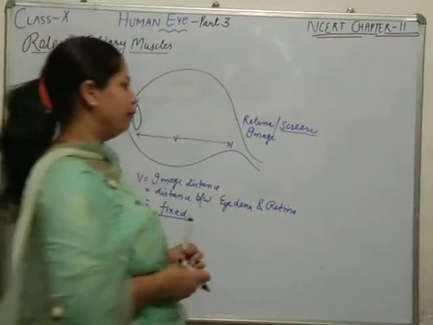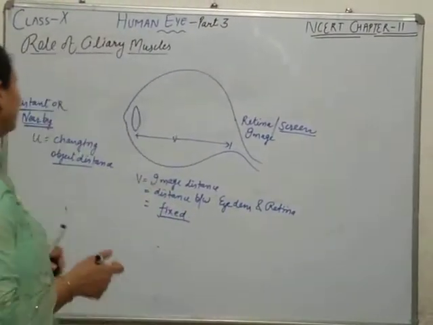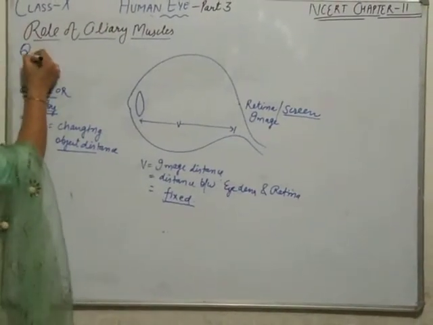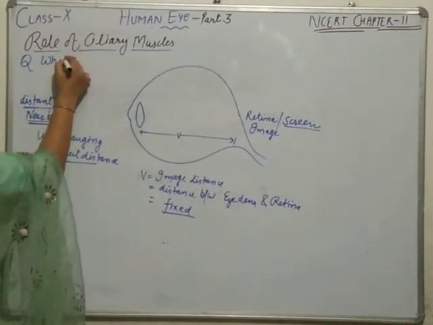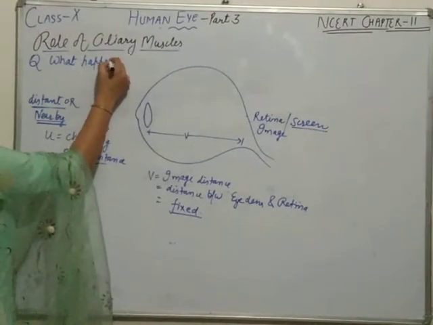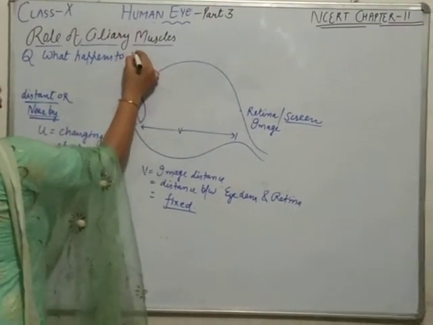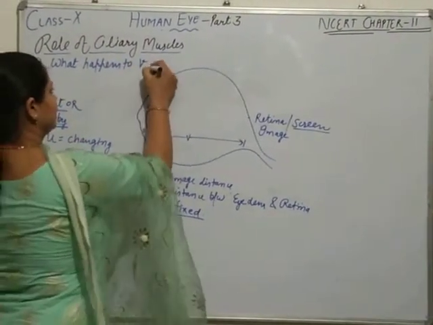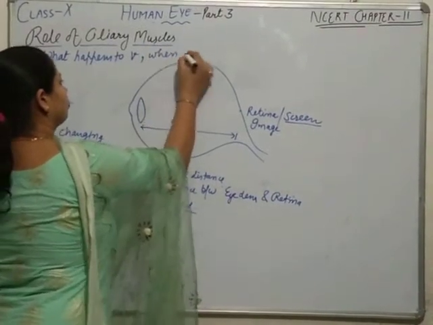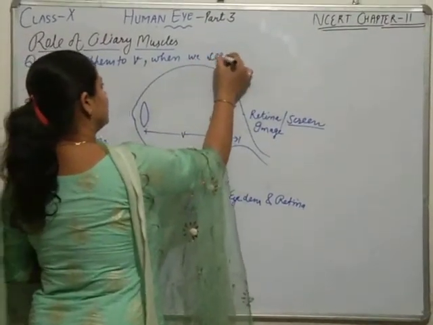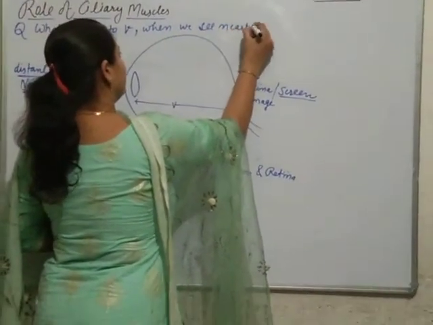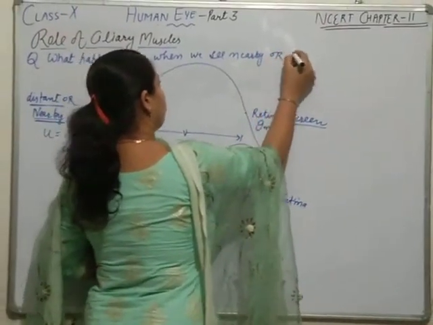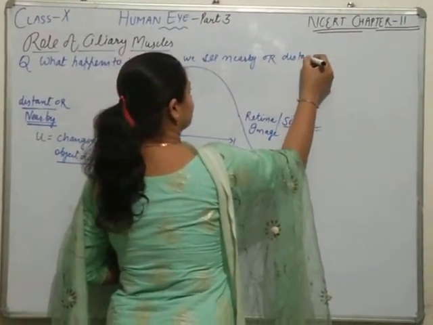So here the first question is, what happens to V, the image distance, when we see nearby or distant objects?